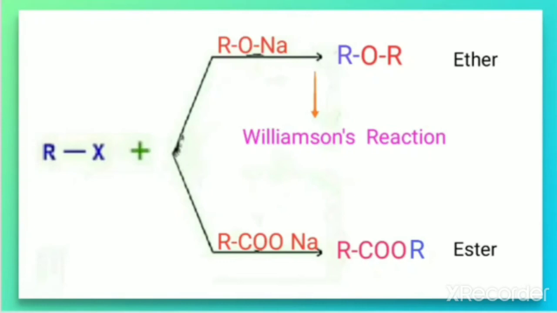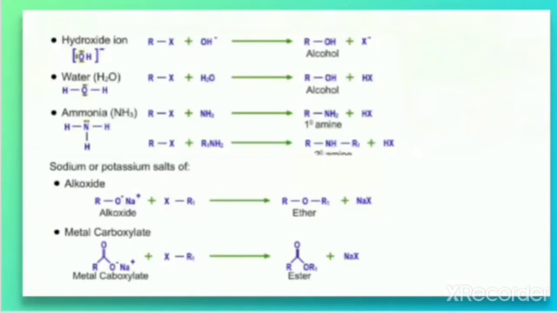It is one of the name reactions, so you have to add this to the list of name reactions. Thus we have discussed the reactions with haloalkane, in which there is formation of alcohol, amines, ether, and ester. All these reactions are given here, and also the side products are given here.